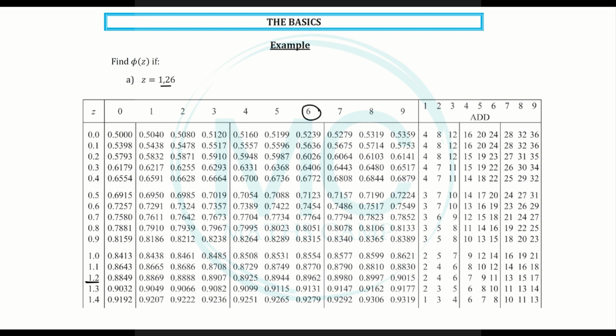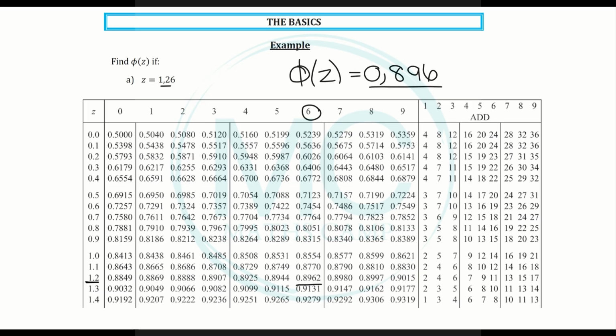Move down to the row we found, and we see the probability is 0,8962. When finding probabilities, always round off to 3 significant figures. So I can say the probability of Z is equal to 0,896.